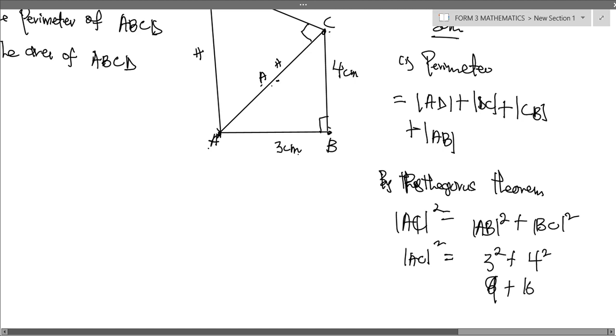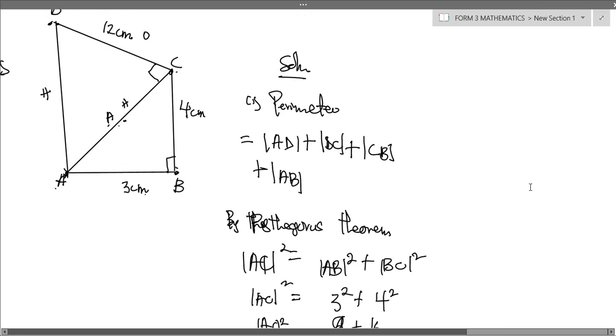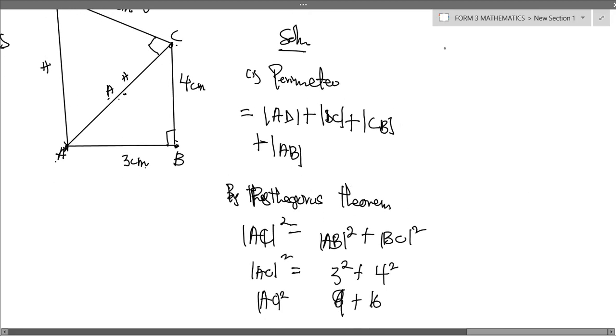What are we going to get? 9 plus 16. So AC squared will give us 25. Now, square root of 25 is what?